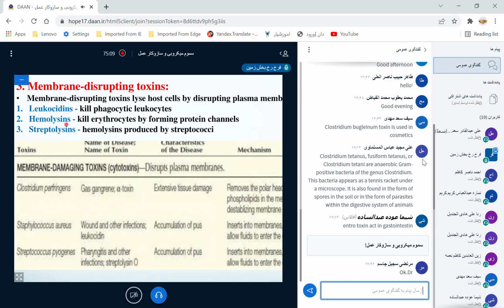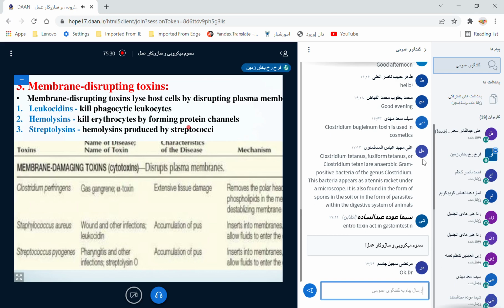Hemolysins. Some bacteria produce hemolysins, which are effective on the cytoplasmic membrane of erythrocytes, red blood cells. How can they disrupt it?